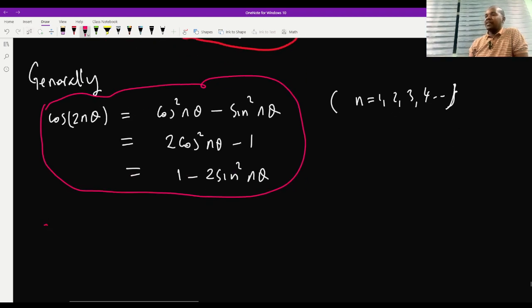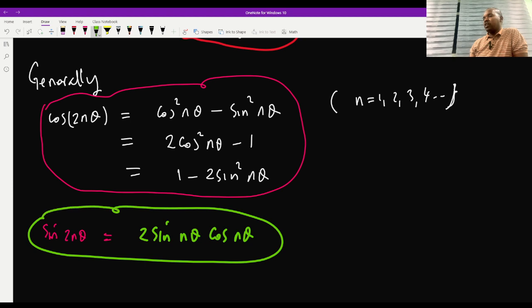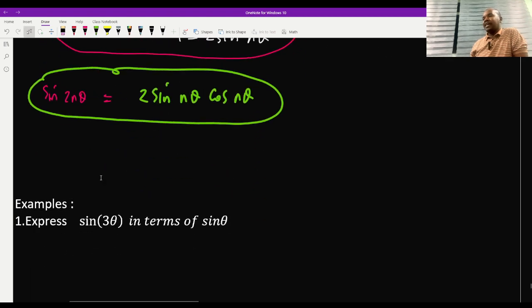What about sine? Sine 2n theta will be 2 sine n theta cosine n theta, dear students. And that is the general way of expressing the double angle formula for sine.